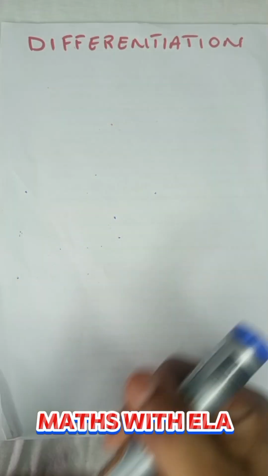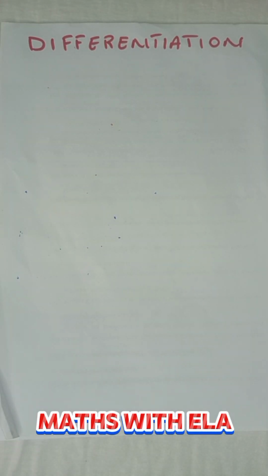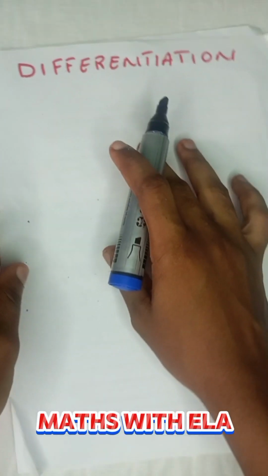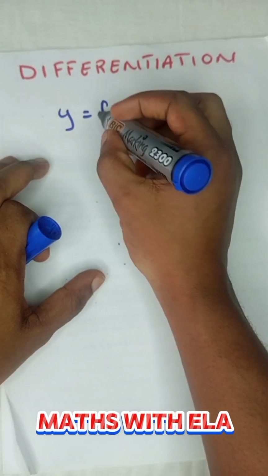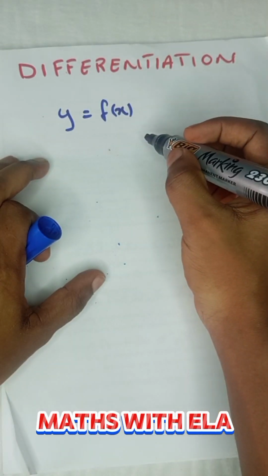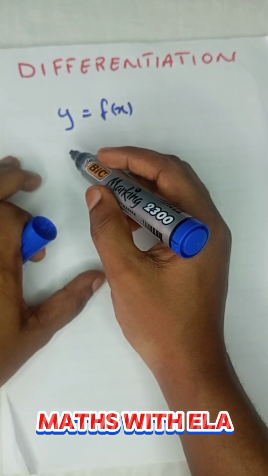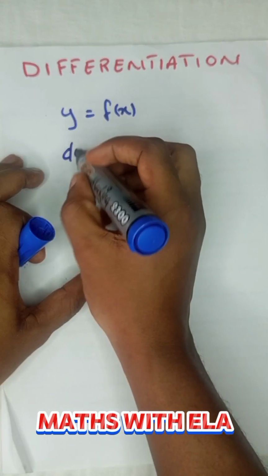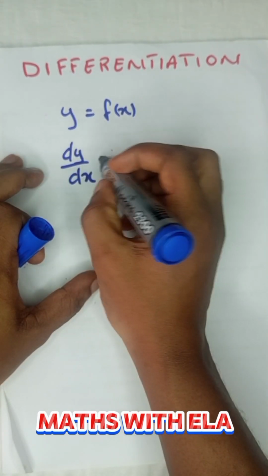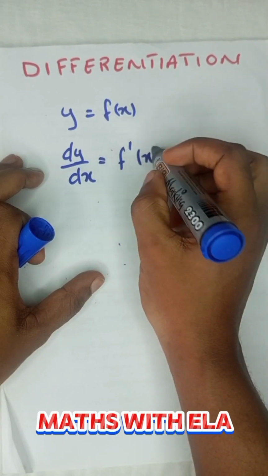So what is differentiation? Differentiation simply means finding the rate of change of a function with respect to some variable. What do we mean? If we have, for example, a function y of x, that is y is equal to f of x, then the derivative of y with respect to x is written as dy by dx, which will simply be f prime of x.